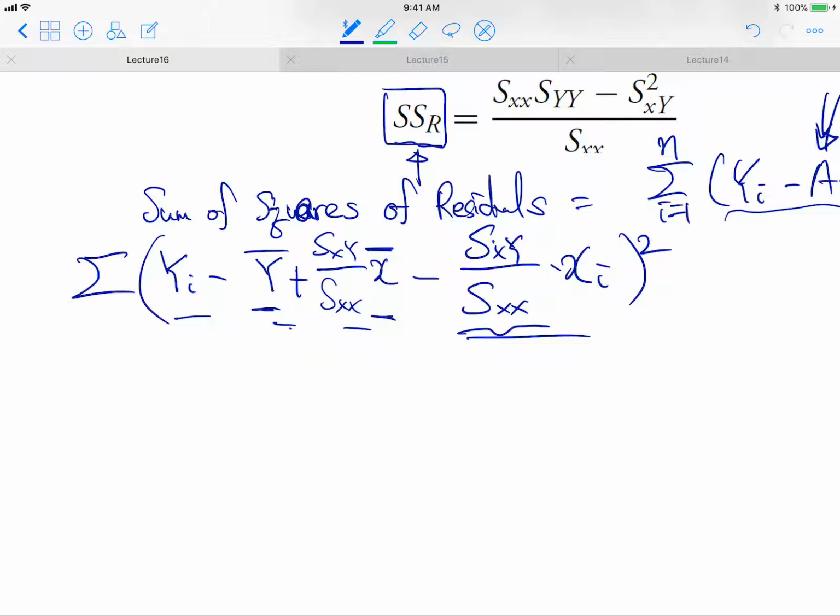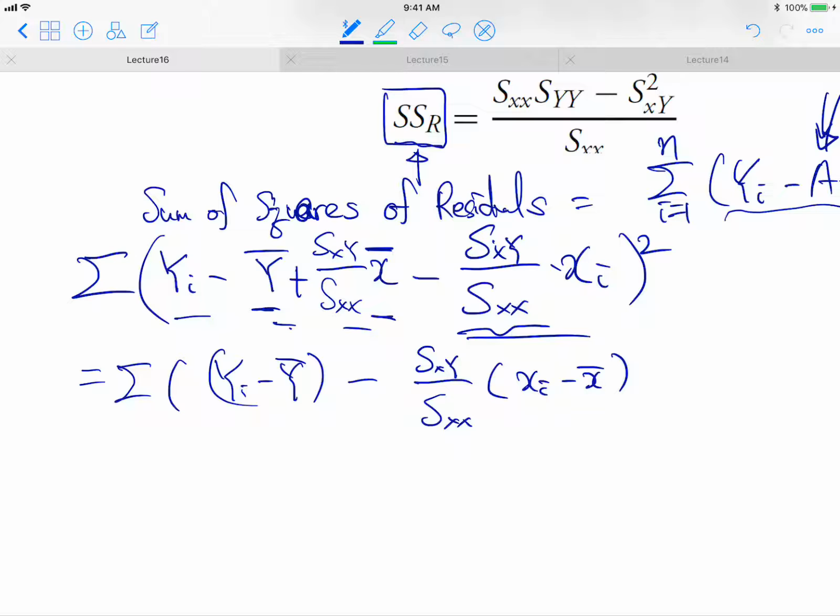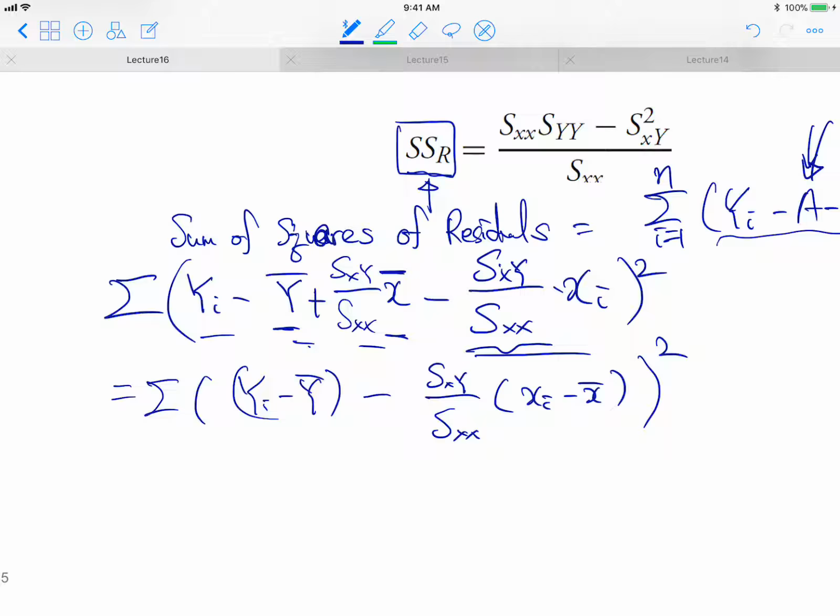So inside of this parenthesis we can do some centering, which gives yi minus y bar, and then minus Sxy over Sxx, which is again the b value, or estimator of b or beta, times xi minus x bar. Okay, so far so good, right?